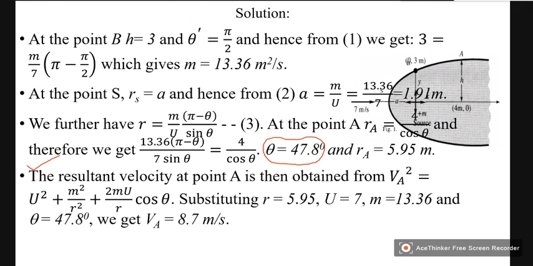Now the resultant velocity at this point, if I say it is VA, this velocity will be, this is the general expression for velocity. This also we have derived.